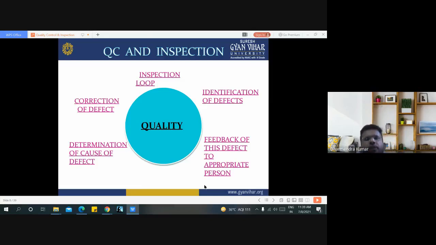Determination of cause of defect. In the inspection process, we generally find out the various causes which are responsible for any defect or any deviation of the characteristics of that product.